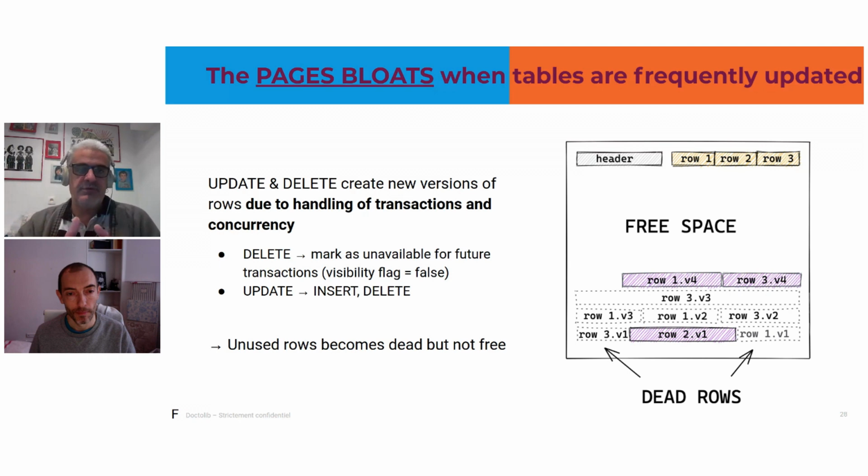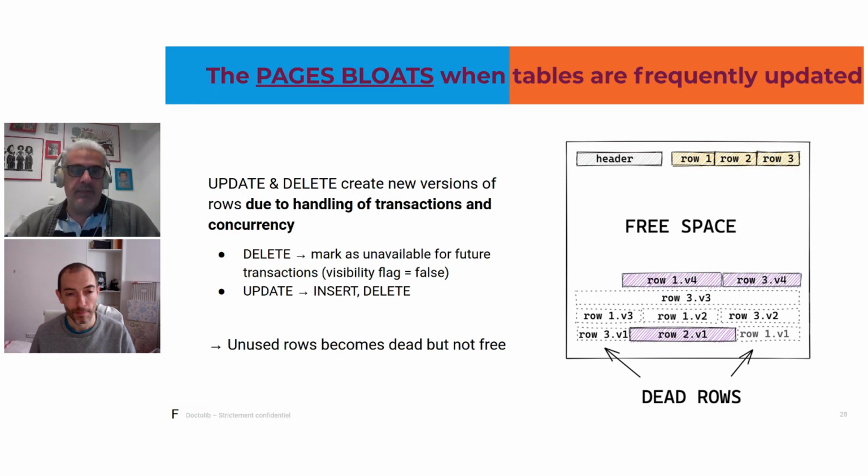We say to Postgres, mark this row as deleted, and we put a transaction number on it. And for all the transactions that come before, we will still see the row. But for the new transactions that came after me, they will not see this row. So this is why we have to keep old versions of the row inside the table, and we call those tuples or dead tuples.